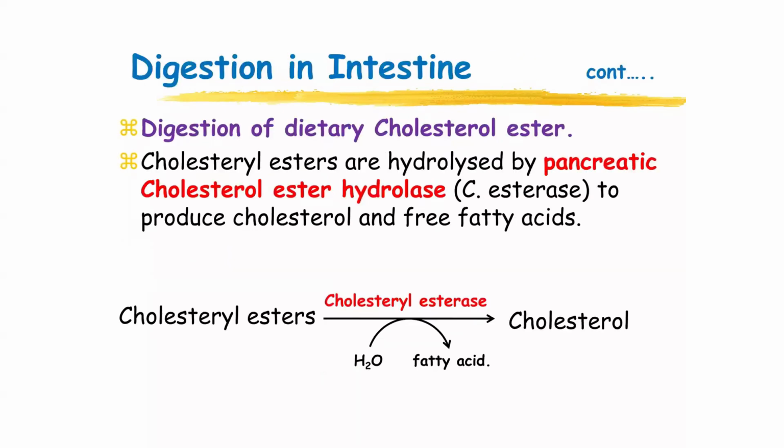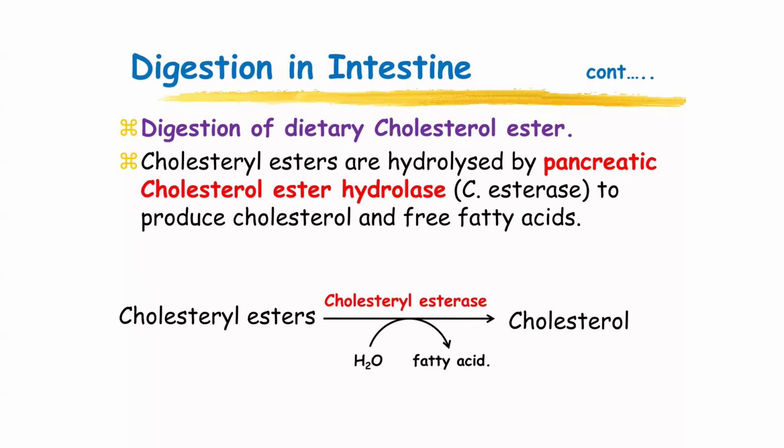And then the next one is the digestion, of course still in the small intestine, using the pancreatic cholesterol ester hydrolase. This enzyme is involved in the digestion of cholesterol ester. So cholesterol esters are also another class of lipid.